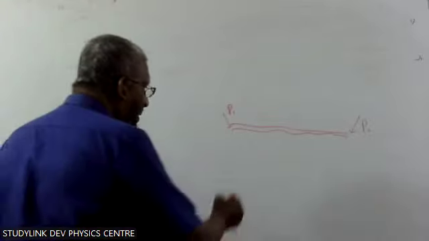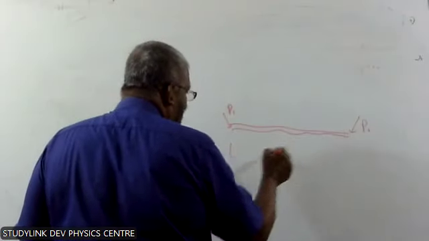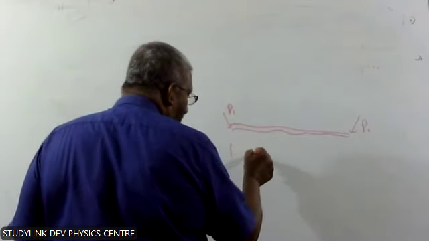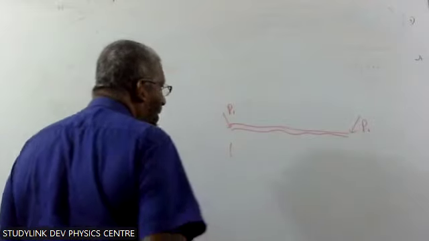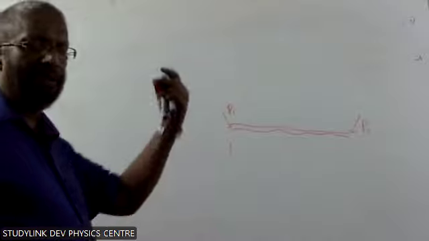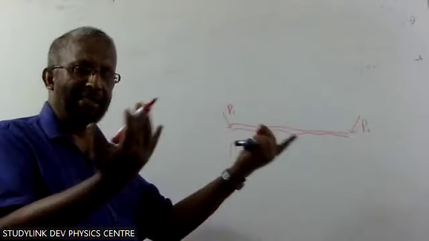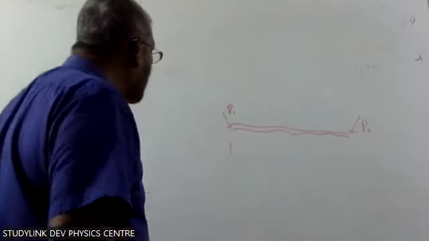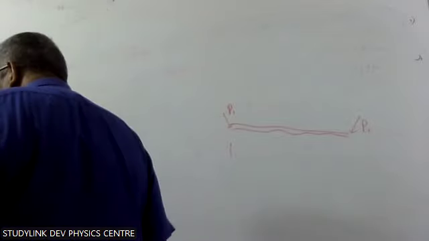Number one, the vein is not horizontal. When you are raising the hand or whatever, it changes. That is the first thing.